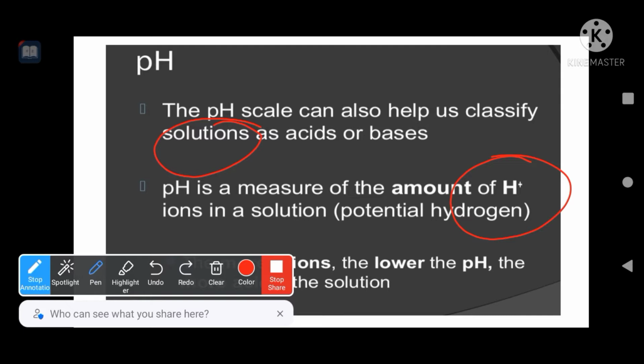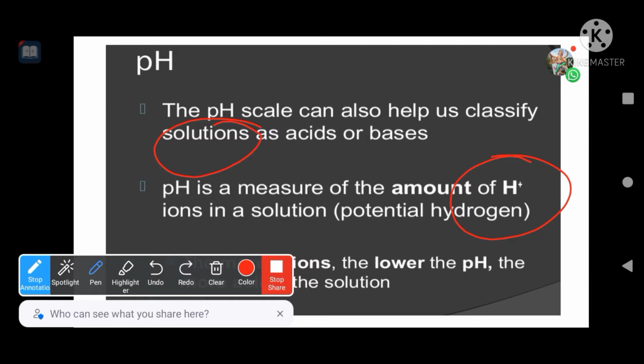When we use the pH scale, we are taking the help of that scale to measure the potential of hydrogen in that solution. Got it?